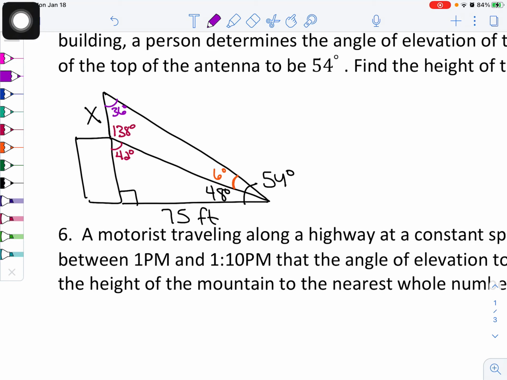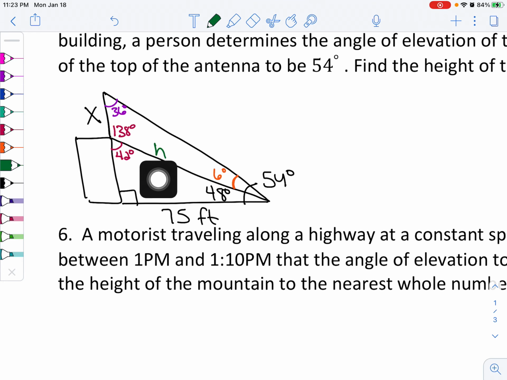Now, this is where, again, there's a couple of options. I think there's one that's the easiest option, and the easiest option is probably going to be to find the hypotenuse using the right triangle. We know the reference angle. We know this adjacent side. We can use that information to find the hypotenuse.